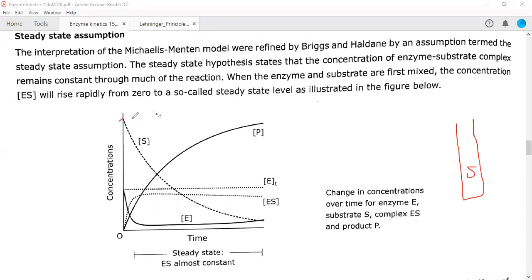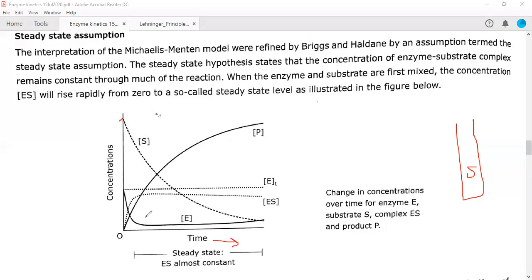Actually it has some concentration, but when you add enzyme, free enzyme, the substrate concentration will decrease and the product concentration will increase. So these two curves are showing that the substrate will decrease and the product will increase with time when you add enzyme to this test tube.